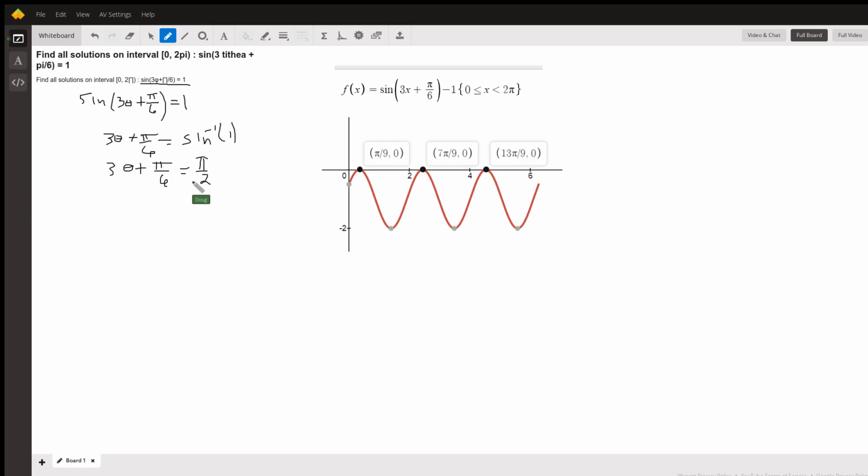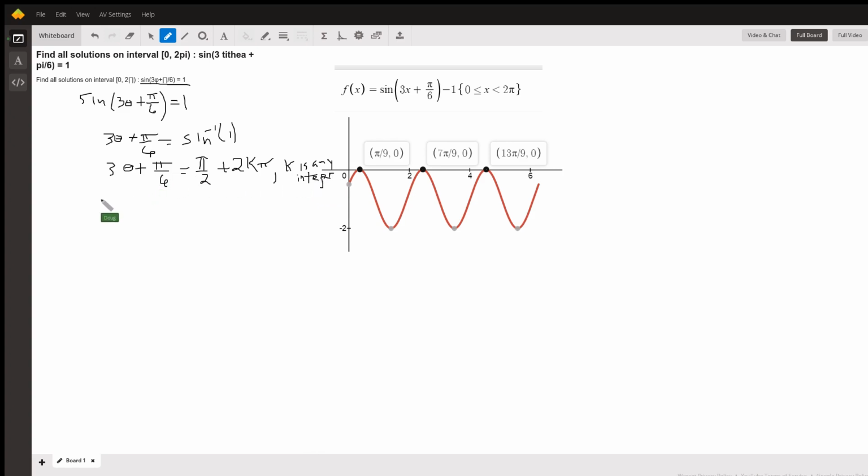And if we wanted to represent all possible angles that have a sine of 1, we could add on plus 2k pi and make note of the fact that k is any integer. And I'm not going to keep writing that part as we complete the solution.